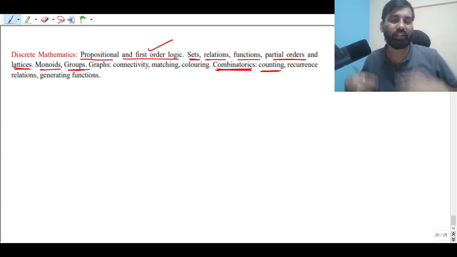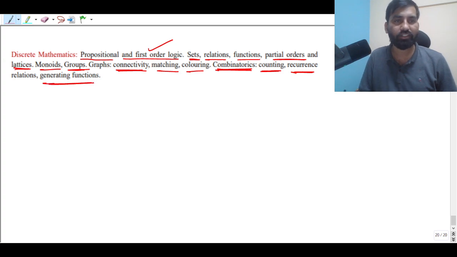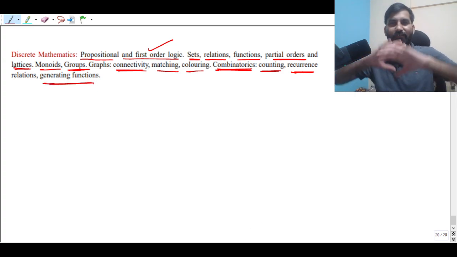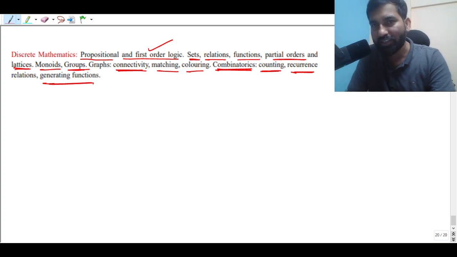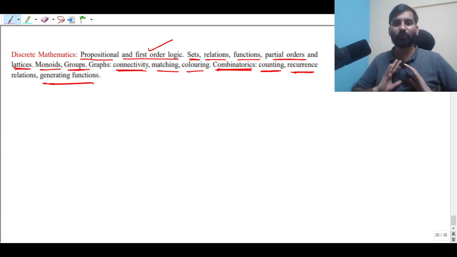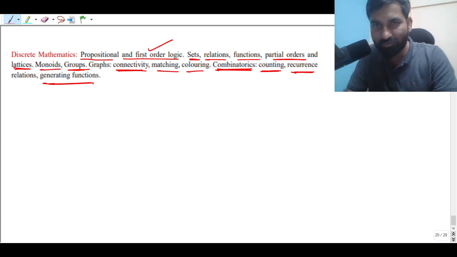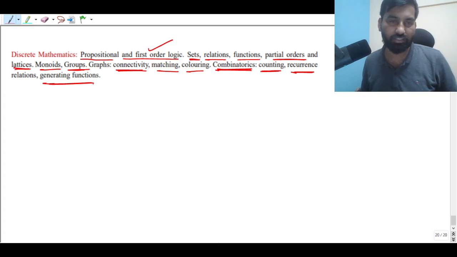That is nothing but algebraic structures. Graphs, so we'll talk about connectivity, matching, coloring, and recurrence and generating functions. So you can see the entire topics are given here, and I have given you my roadmap of how I'm going to proceed. Under this you're going to get all the video lectures, as well as doubt solving support, as well as all PYQ solutions.